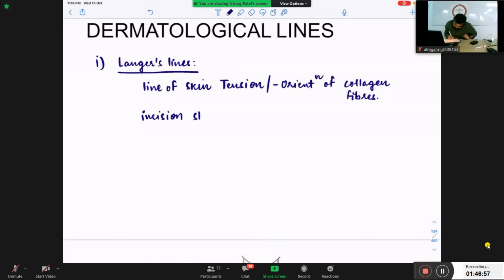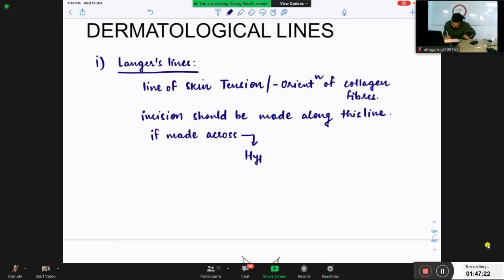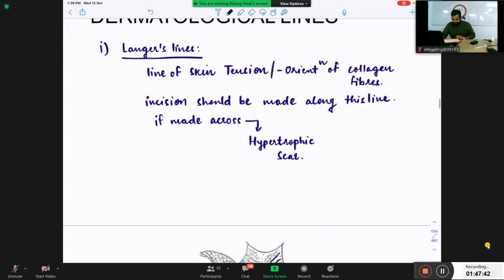Incision should be made along this line, and if made across this line, there is a chance of developing hypertrophic scar. Okay, these are the Langer's line.